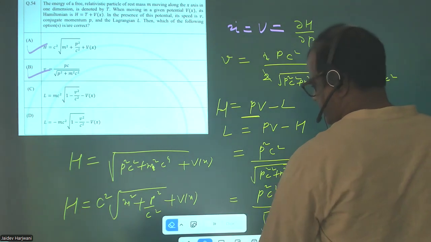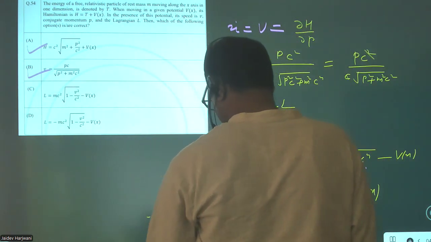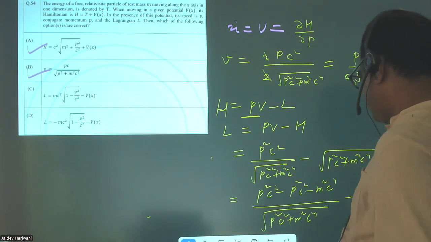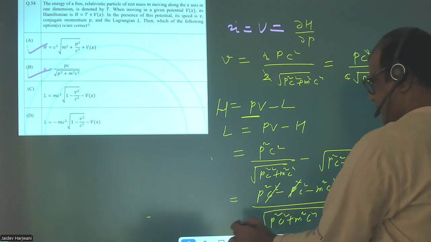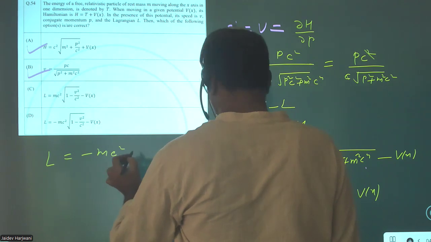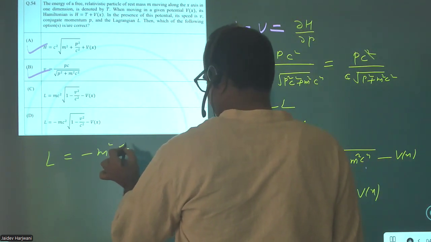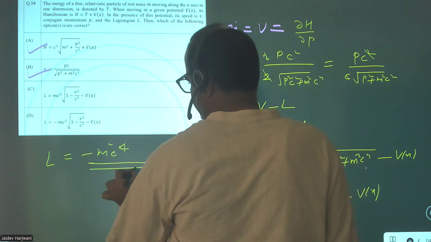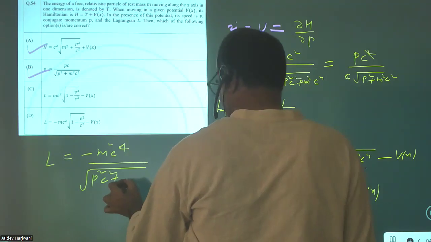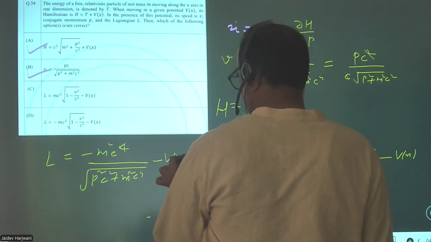Okay, and now I can simplify it further. Now this expression, okay, so this cancels out. So I have L is equal to minus MC square M square C4, and then you have P square C square M square C4 minus Vx.